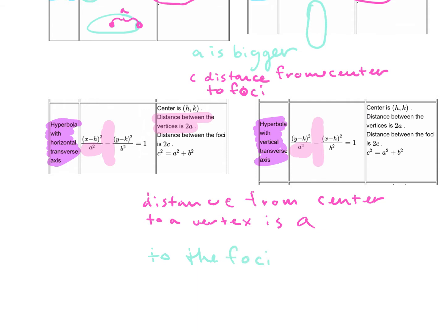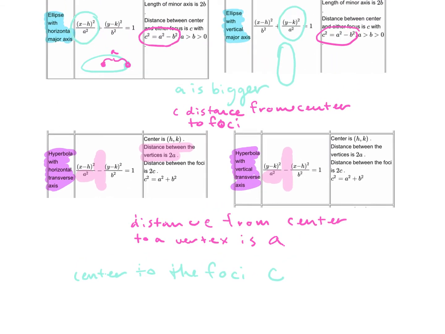And then here we have a little bit different formula for our a, b, and c. That is c squared is equal to a squared plus b squared. So when it's a hyperbola, when you see that big minus sign in the middle, to find your c, you use a squared plus b squared.